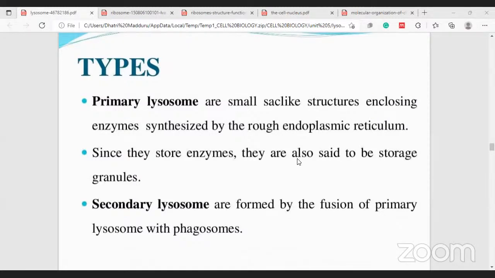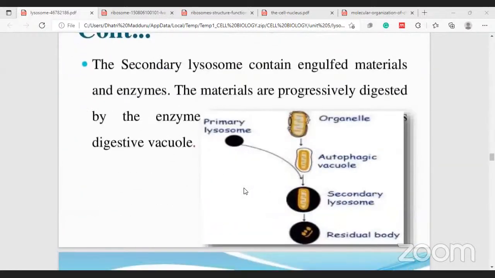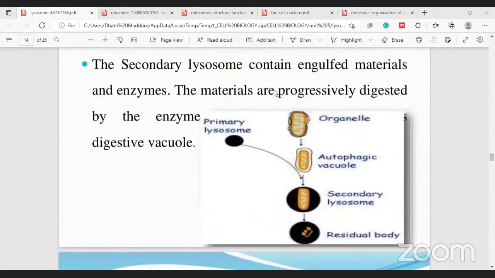Whereas secondary lysosomes, as I told you, form when phagosomes fuse with the lysosomes. So the primary lysosomes fuse with phagosomes and form phagolysosomes. They are actually secondary lysosomes. A secondary lysosome contains engulfed material and enzymes, and the materials are progressively digested by the enzymes in the digestive vacuole.